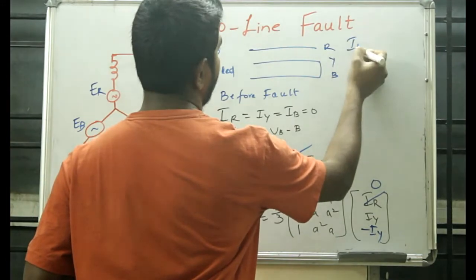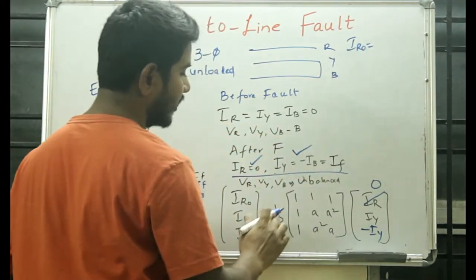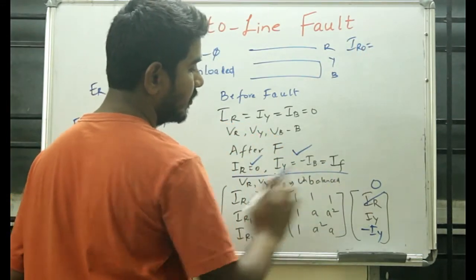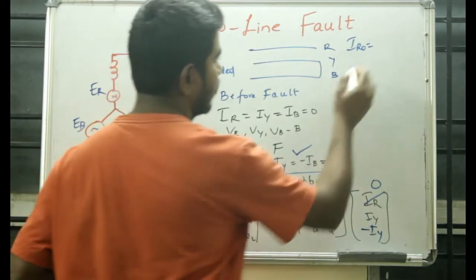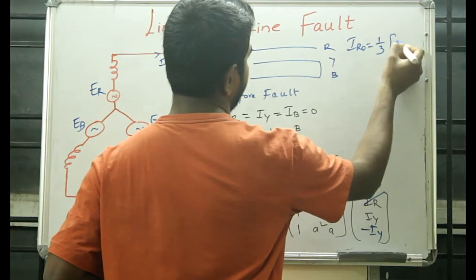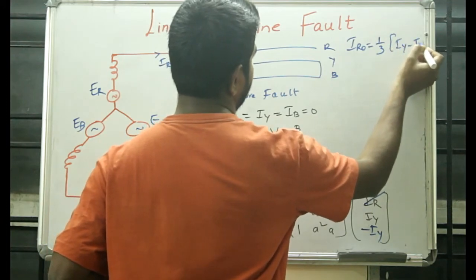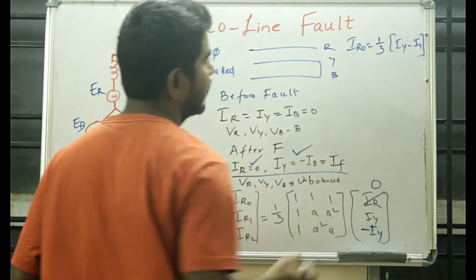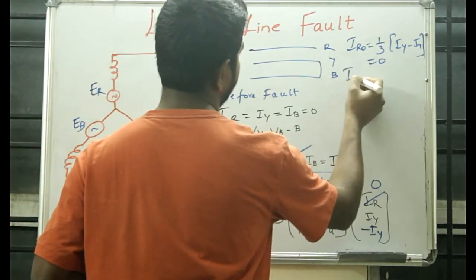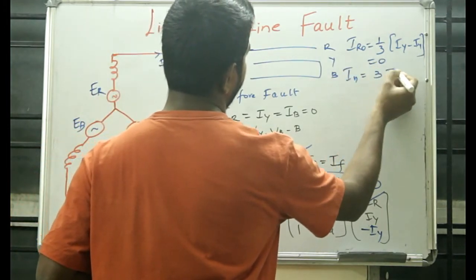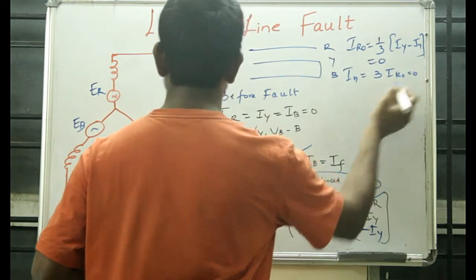Now let us see the components. IR0 will be equal to 1 by 3 of 1 into 0, which is 0, plus 1 into IY minus 1 into IY. So we get 1 by 3 into IY minus IY, which will be 0. That means the neutral current, which is 3 times IR0, will also be equal to 0.